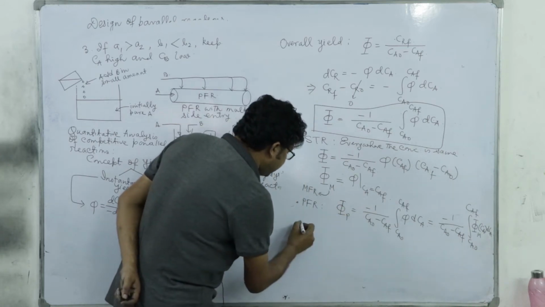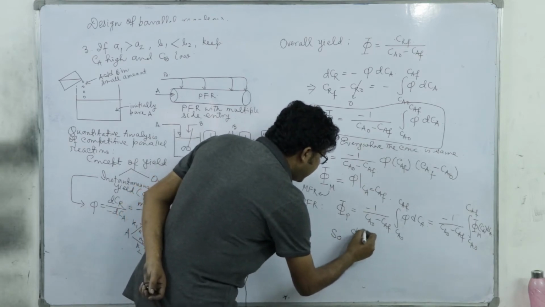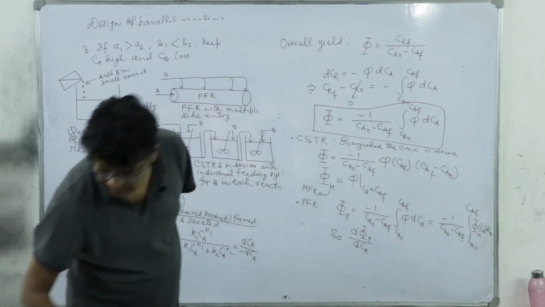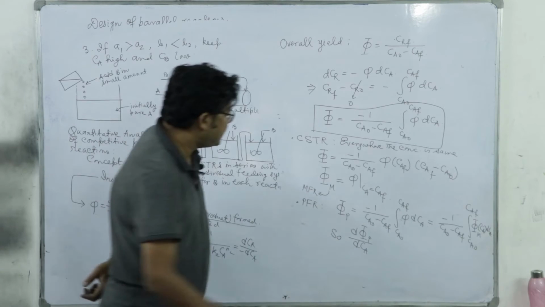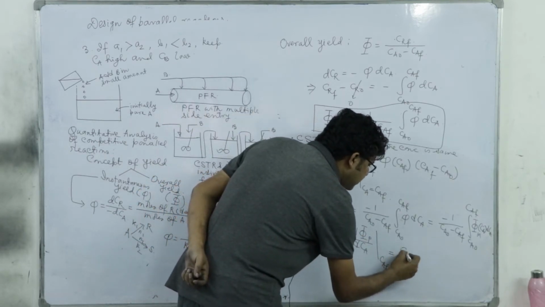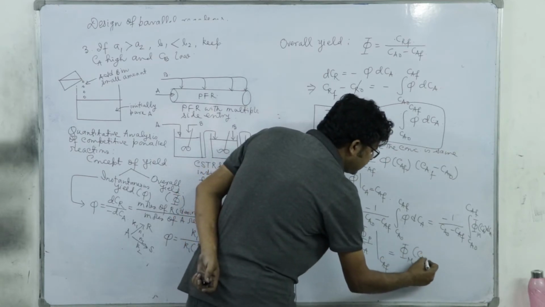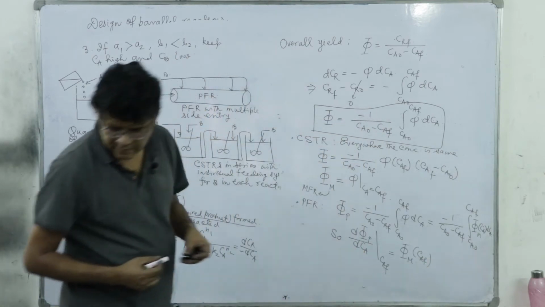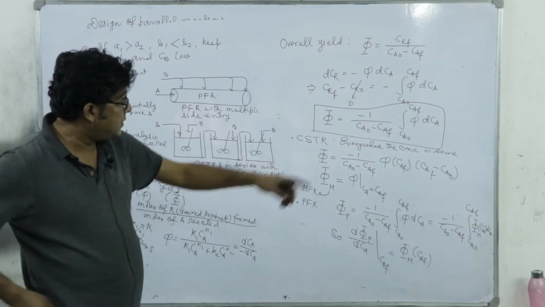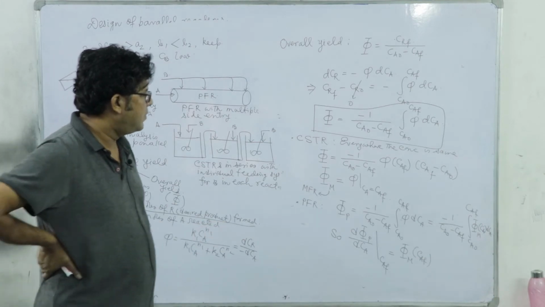So, if I take the derivative, d phi p dCa, definitely to be evaluated at Caf, is equal to phi m at Cf, because this integrated value will cancel out finally, taking the derivative.